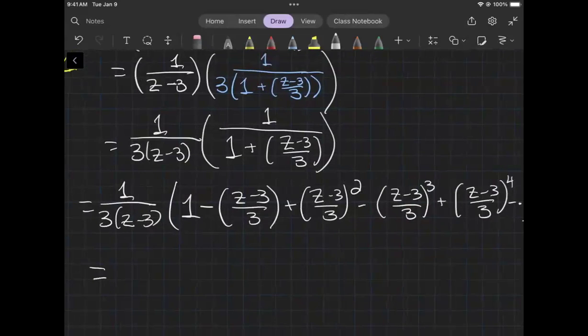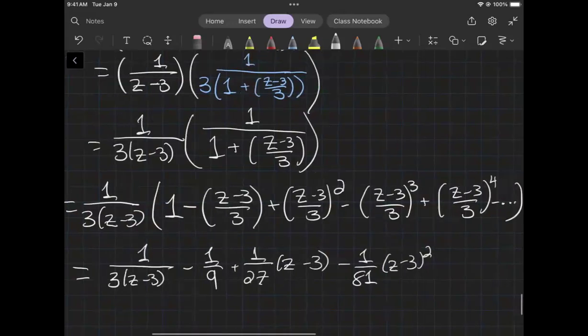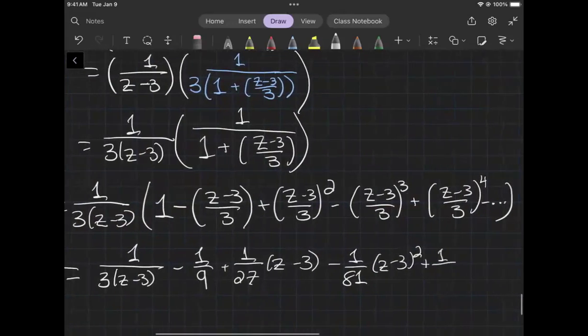So this Laurent series equals 1 over 3 times z minus 3, minus 1/9, plus 1/27 times z minus 3, minus 1/81 times z minus 3 squared, plus 1 over 243 times z minus 3 cubed, minus, and this keeps going.